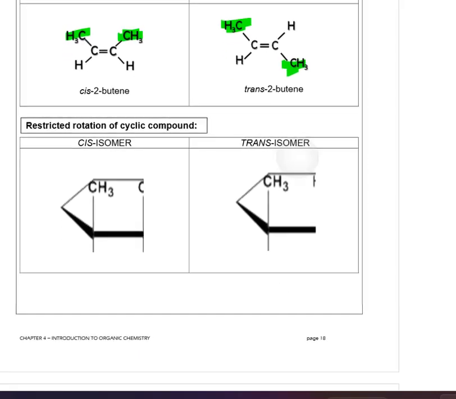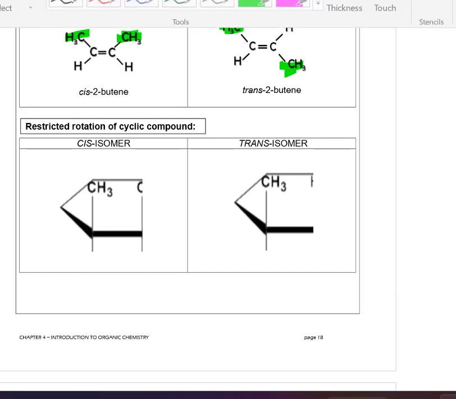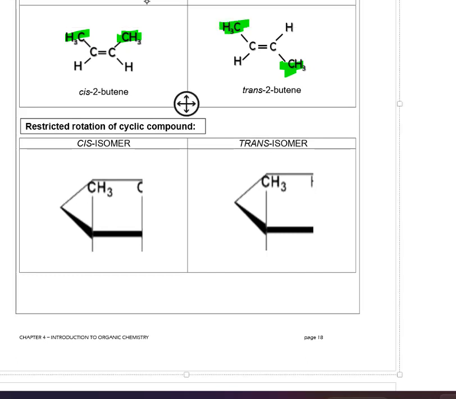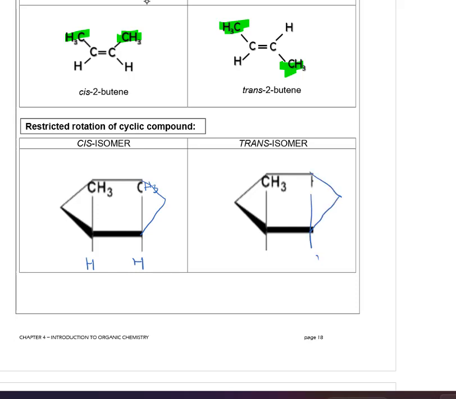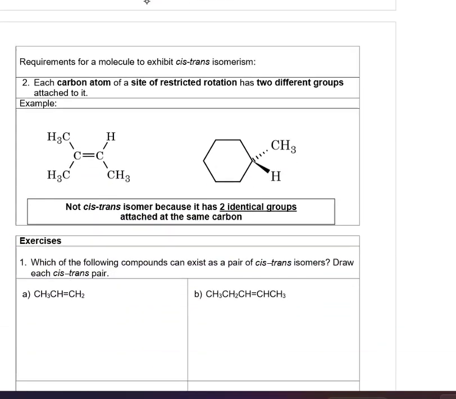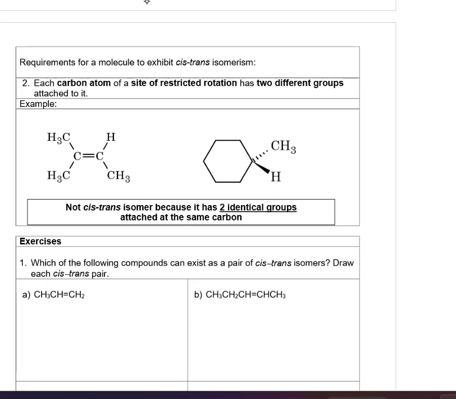For the cyclic compound here, cis is the same side, and for trans, different side. Okay, second requirement: each atom on a side of restricted rotation has two different groups attached to it.